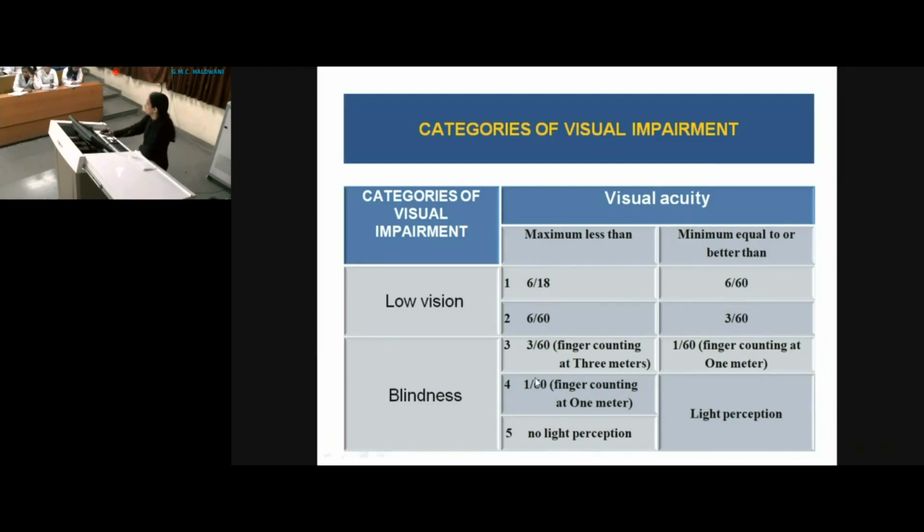One is 3/60, that is finger counting at a distance of 3 meters. If the vision is less than 3/60 up to 1/60, then it is blindness. Another criterion is vision less than 1/60 with light perception. And if there is no light perception at all, then all of these are categorized as blindness.